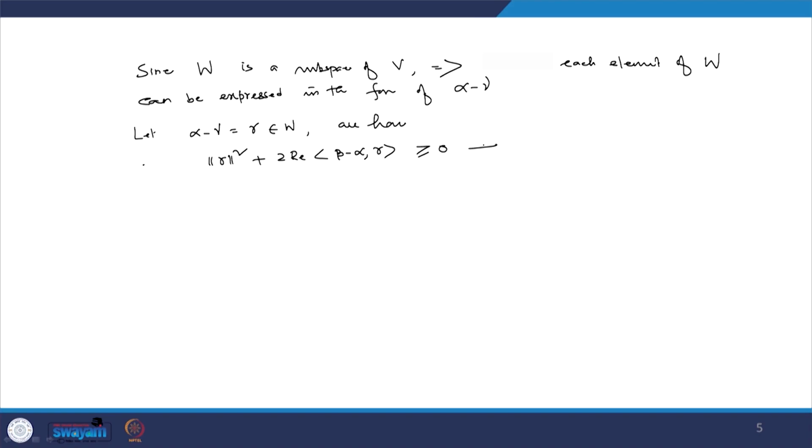This is true for any r belonging to W. So, in particular, I consider r equal to minus inner product of beta minus alpha and alpha minus gamma, divided by norm of alpha minus gamma whole square, times the vector alpha minus gamma.